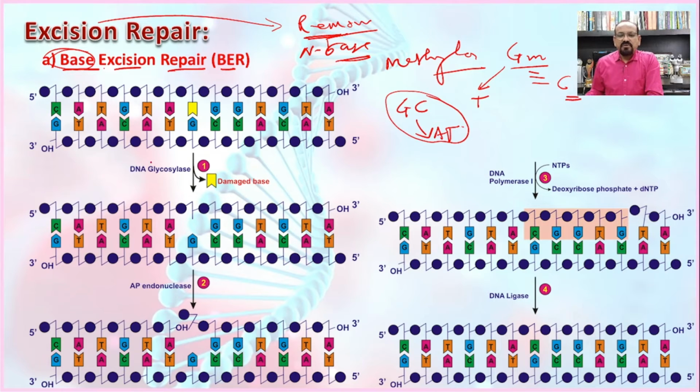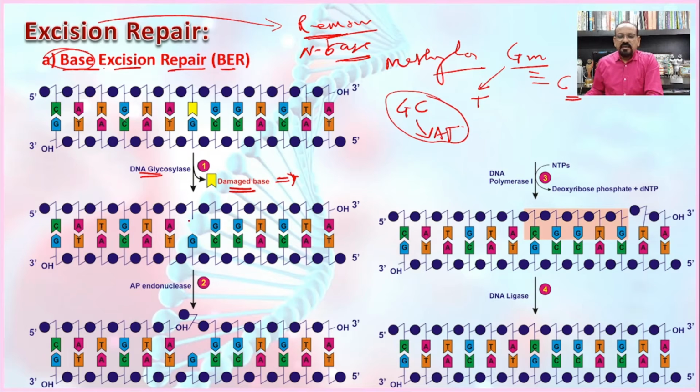In this process, first of all, the DNA glycosylase finds or recognizes the damaged nitrogen base in the DNA molecule, cuts it at the glycosidic bond, and the damaged base is expelled from the DNA molecule.